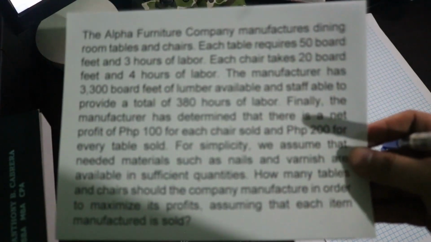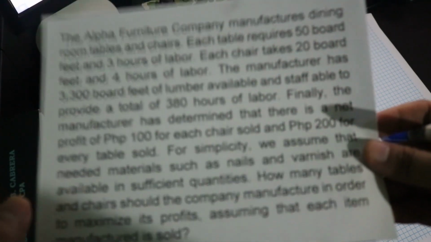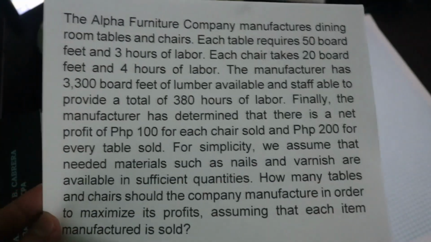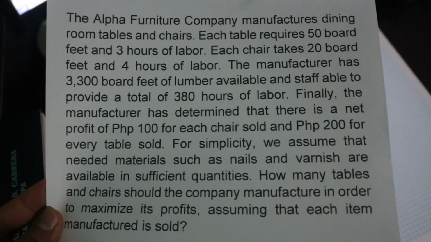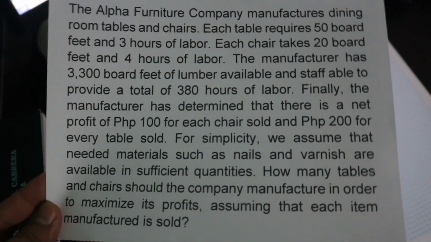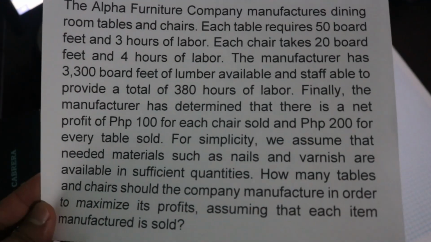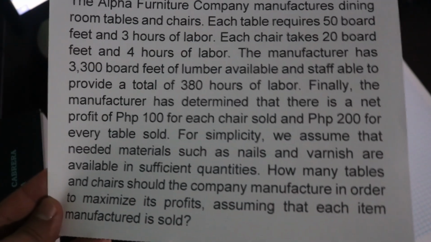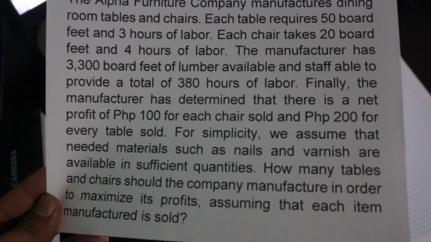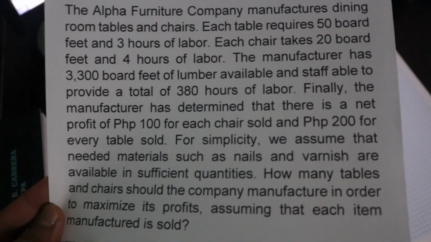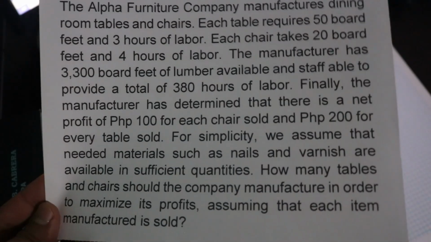The Alpha Furniture Company manufactures dining room tables and chairs. Each table requires 50 board feet and 3 hours of labor. Each chair takes 20 board feet and 4 hours of labor. The manufacturer has 3,300 board feet of lumber available and staff able to provide a total of 380 hours of labor.